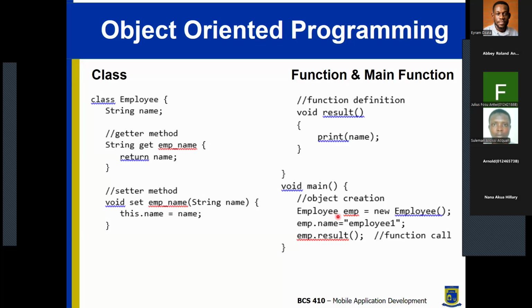So we create the object of the class Employee, emp equals new Employee, employee.name equals employee1, the name of the employee. Then employee.result will call this void result function and then print out the name.